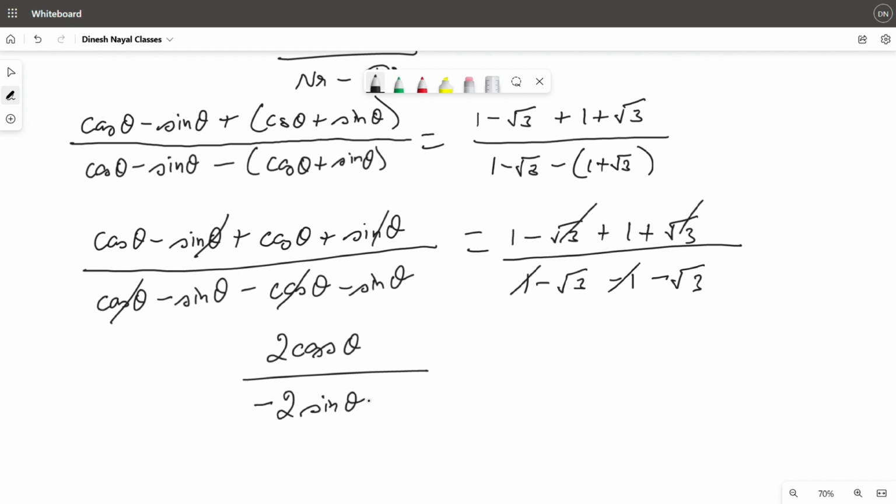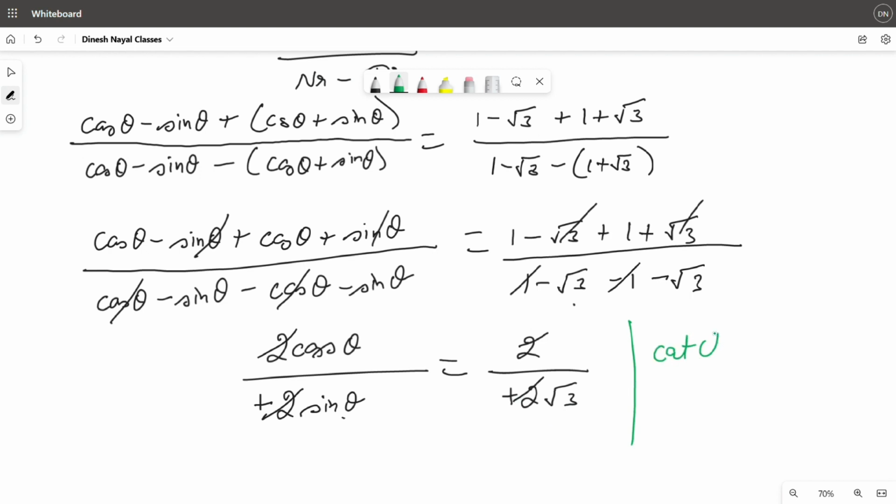This equals 1 plus 1, that will be 2, and minus root 3 minus root 3 will be minus 2 root 3. We can cancel out the minus sign, both will be plus, and we can cancel out the 2s also. So cos theta by sin theta is cot theta, which equals 1 by root 3.